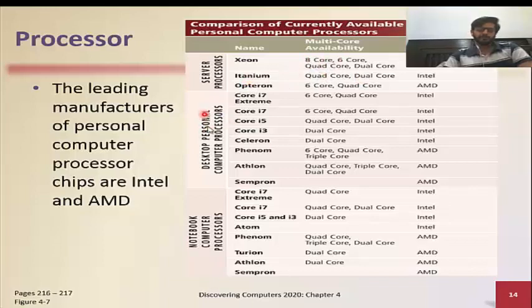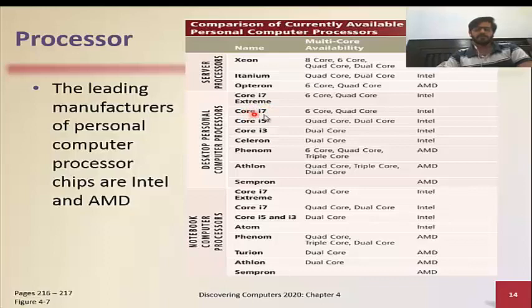But if you move to the desktop environment, you see the Core i7 is the latest one by Intel, but the core count is 6. It may be a 6 core, it may be a quad core processor. Core i7 doesn't mean that it consists of 7 cores.